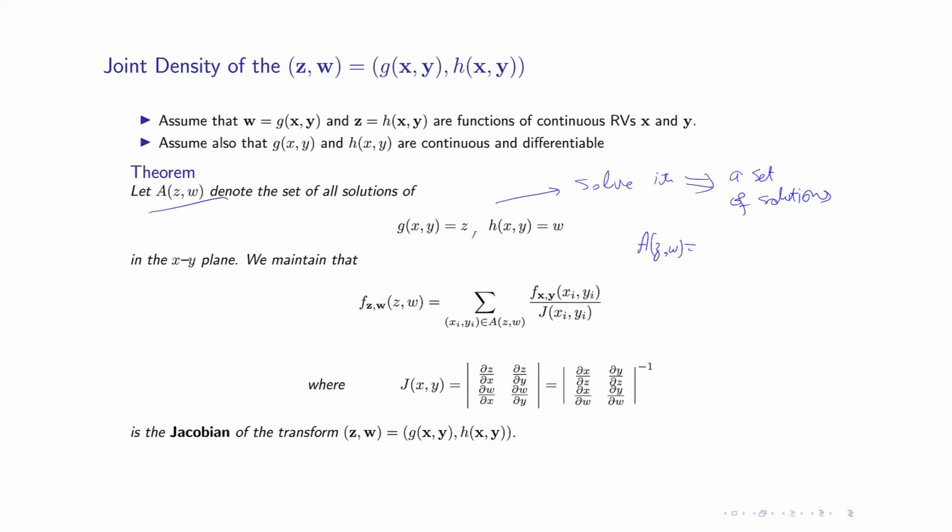Or you may have one solution, which is, let's say, X1 and Y1. Or you may have X2 and Y2, two solutions. Or you may have an infinite number of solutions.